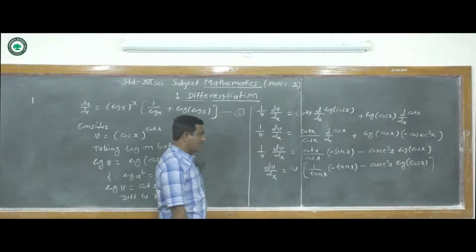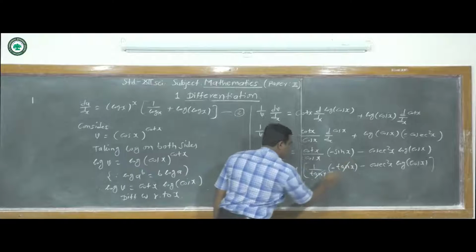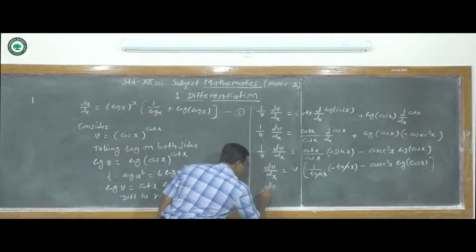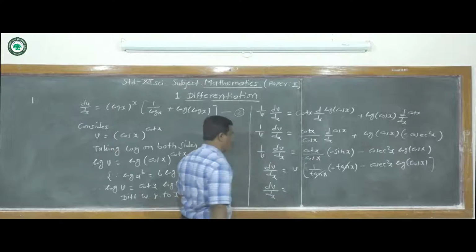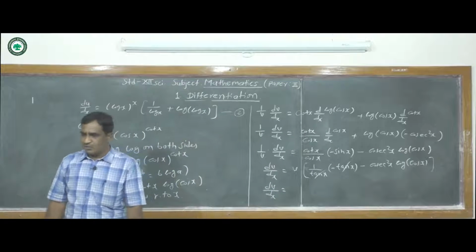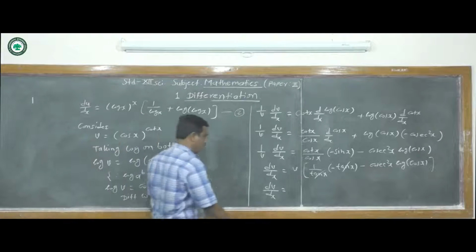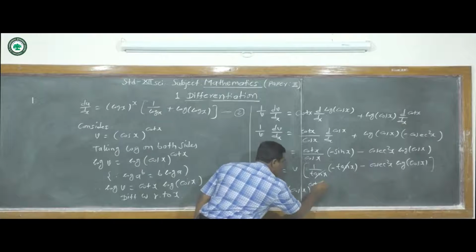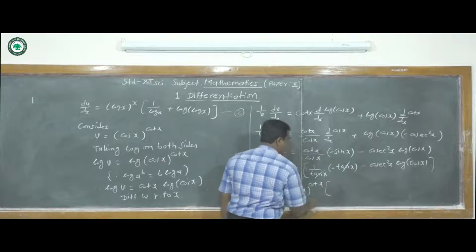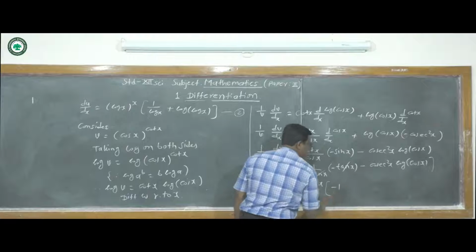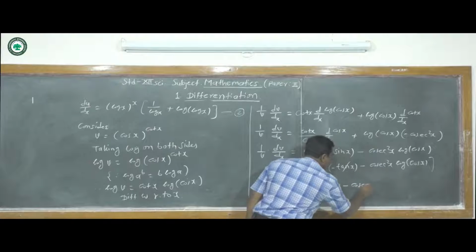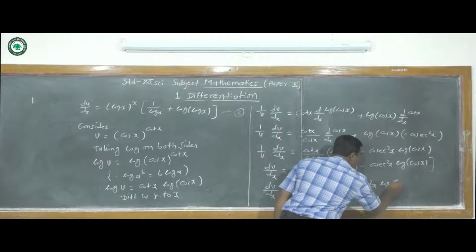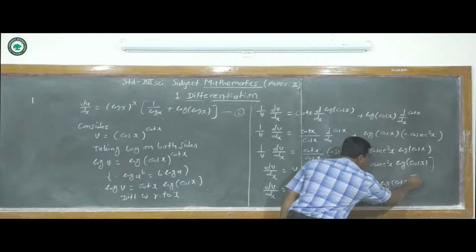Okay. Now here tan x upon tan x cancel out, and put the value of v also here. Therefore dv by dx is equal to, the value of v is cos x bracket raised to cot x, into in bracket minus 1 minus cosec square x into log of cos x.